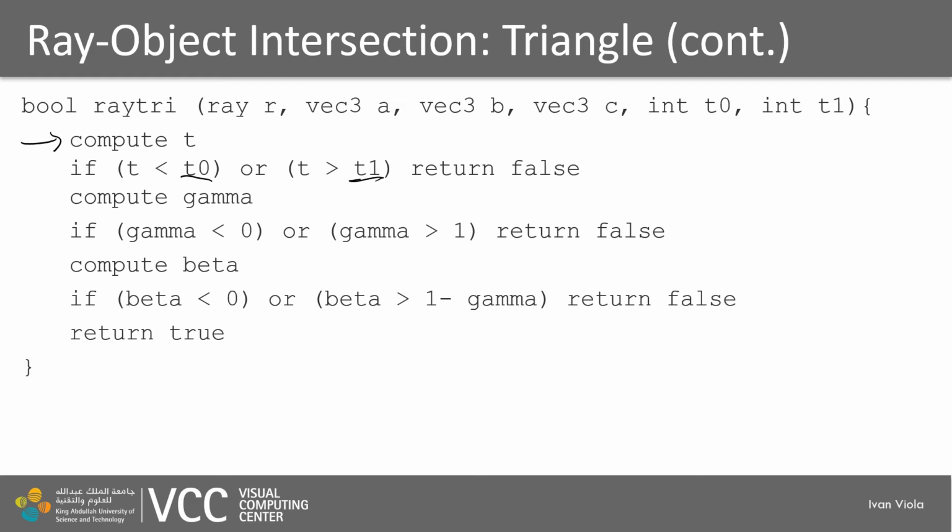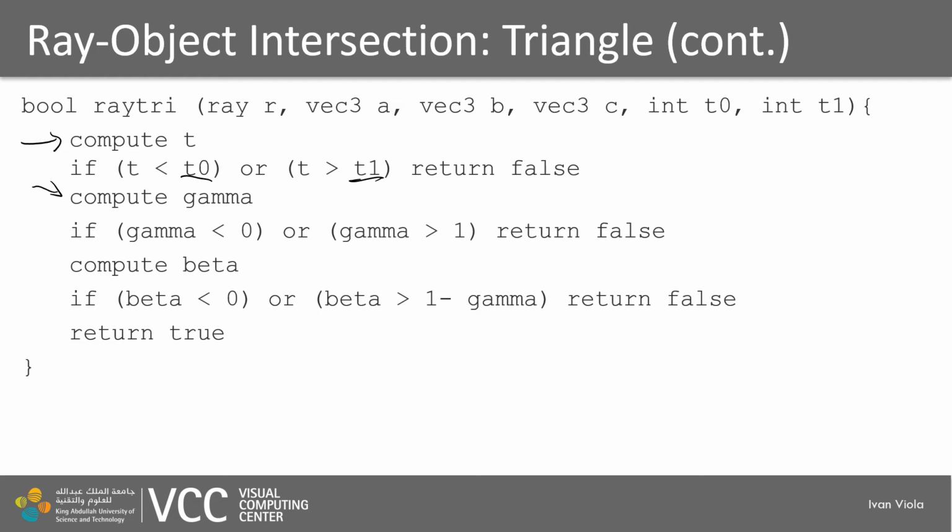There is no intersection test which would be interesting for us. If, however, we are within the permissible range between t0 and t1 for t, then let's compute gamma. And if gamma is smaller than 0, so it's negative, or bigger than 1, then again, stop the calculation because we do not want to waste the computational resources.